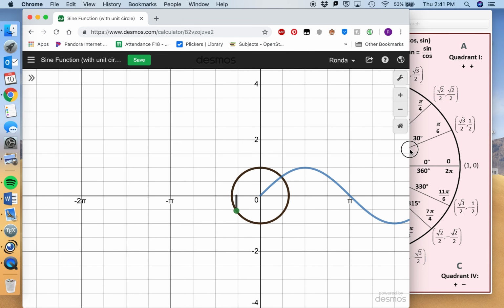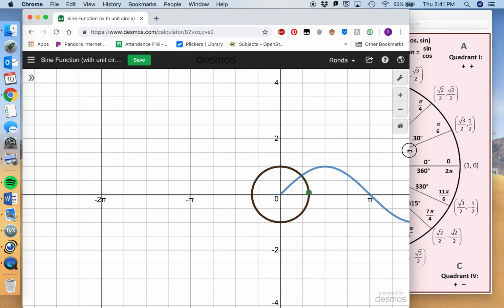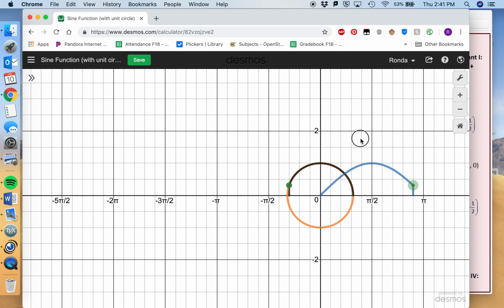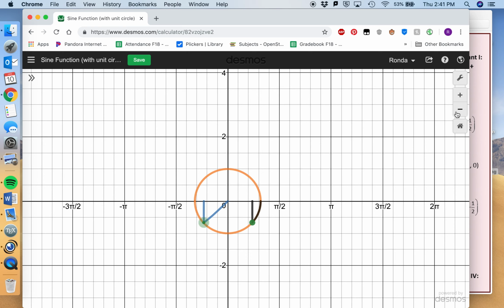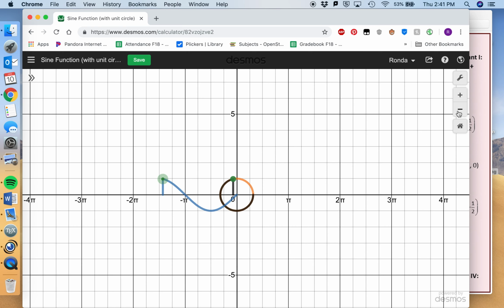As my graph is going around, it's tracing out, right? Just going around in the circle, this is not a function, but this is the sine value that's taking all the y values here and then coordinating them. So at 0, it's 0.